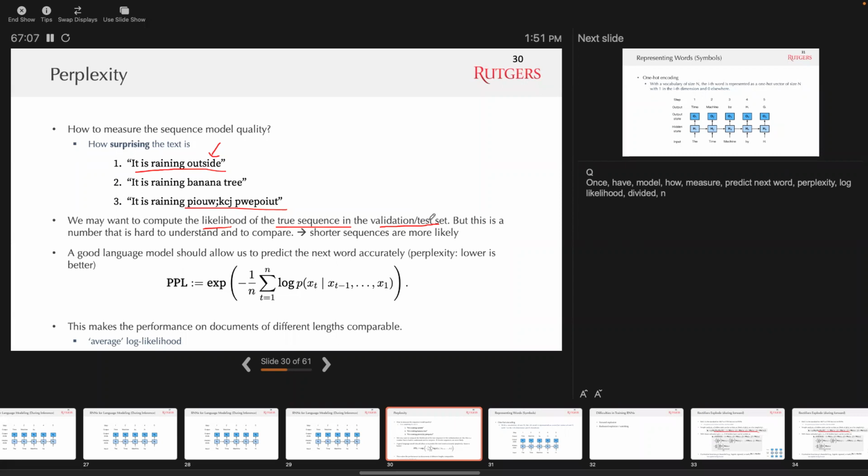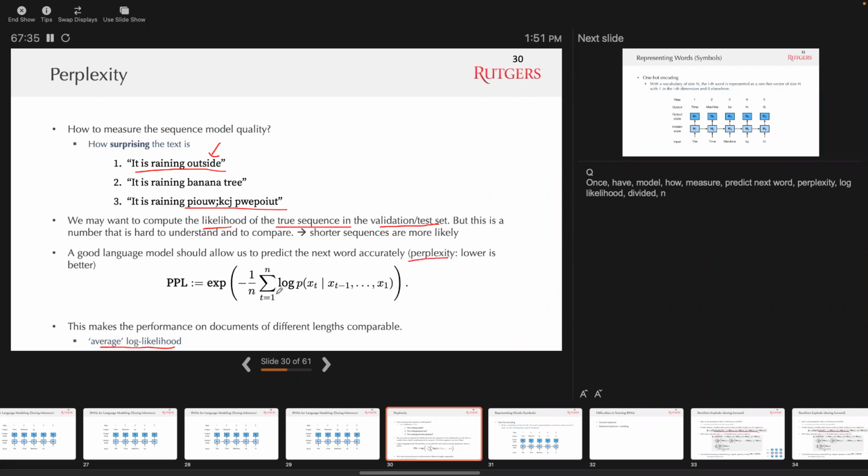So what we want is a metric that looks like the likelihood, but is also agnostic to the sequence length. That means we need something like an average of the likelihood, right? And this is one of the intuitions behind this metric, what we call perplexity.